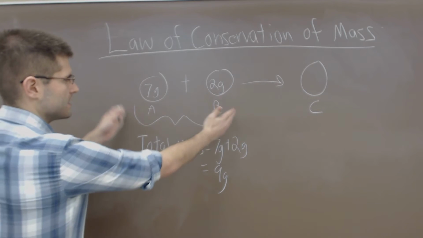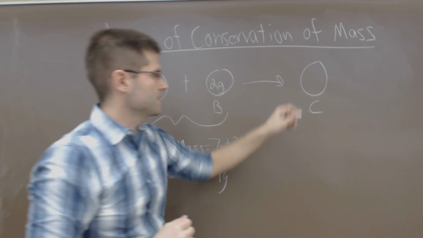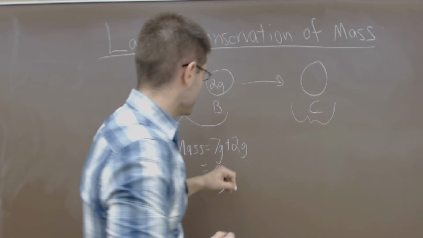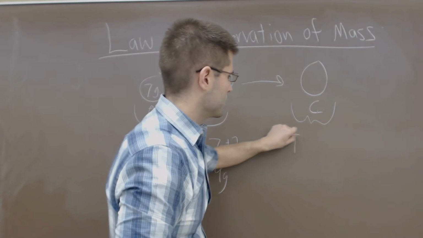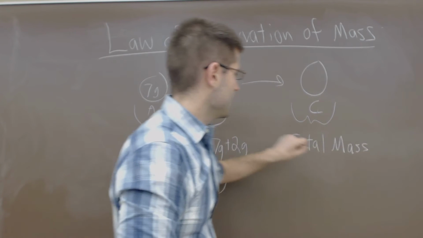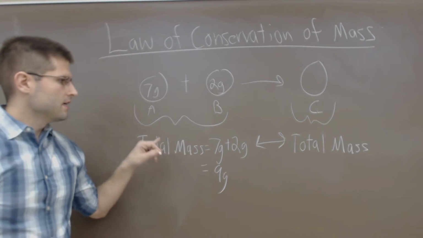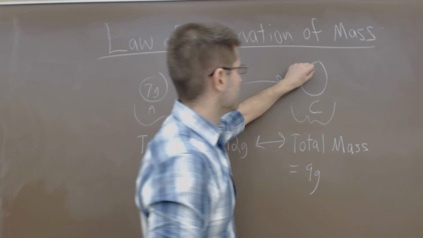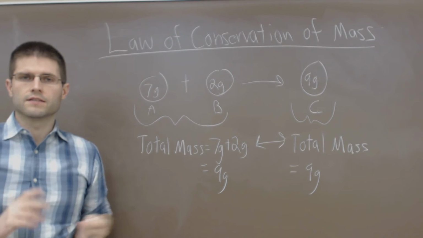So the mass on this side of the arrow has to be equal to the mass on this side of the arrow. So we automatically know that C is going to weigh 9 grams, because the total mass over here has to equal the total mass on the left. So we can put in 9 grams for the product C.